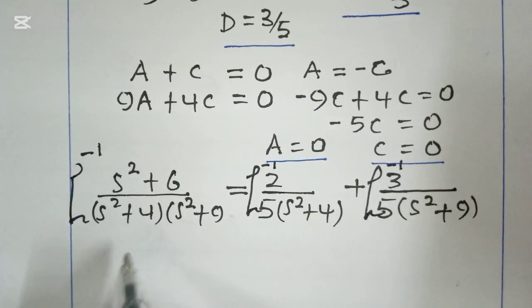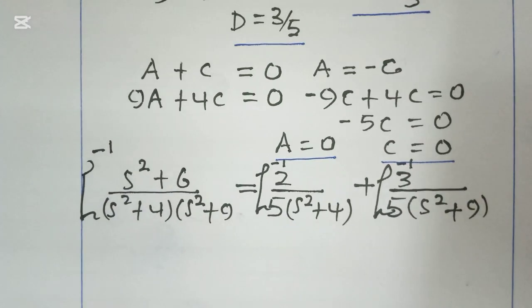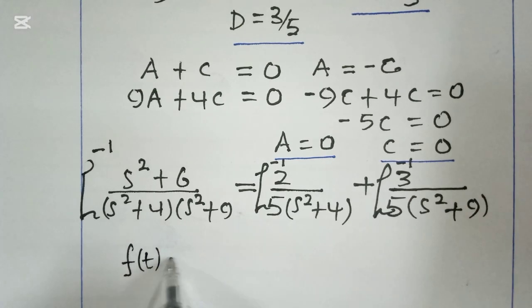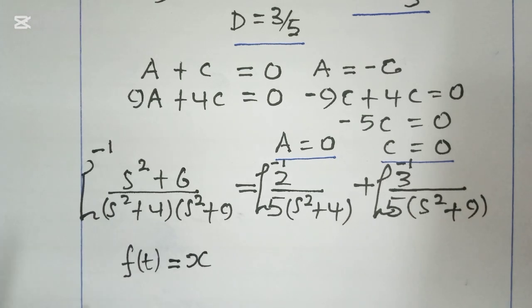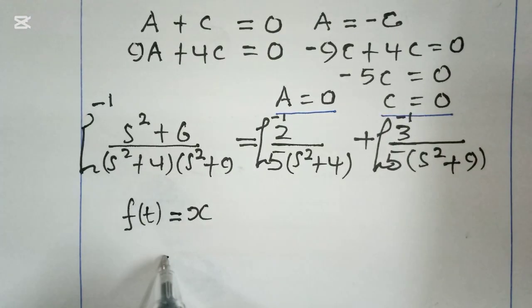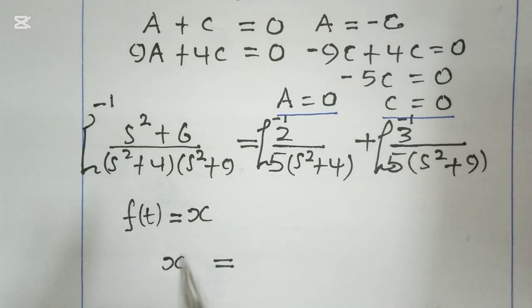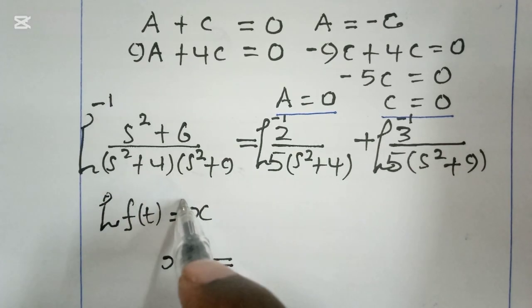And so guys, if our function of t is x, then we are going to have the Laplace transform, that is the inverse of that, is now going to be equal to x, that is if we had Laplace transform of that and Laplace transform of that.